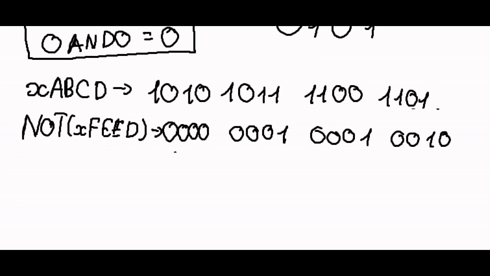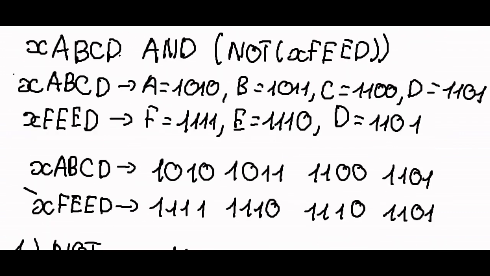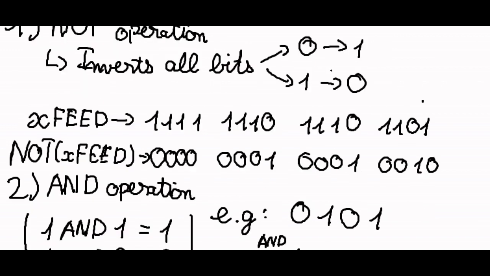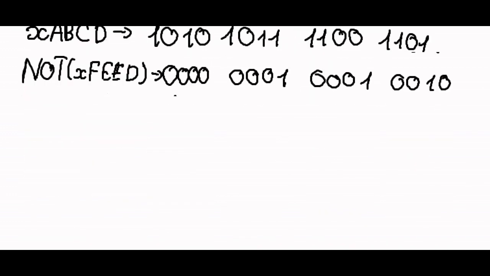Now the exercise basically tells us to do the operation XABCD AND NOT XFED. So let's align this first.